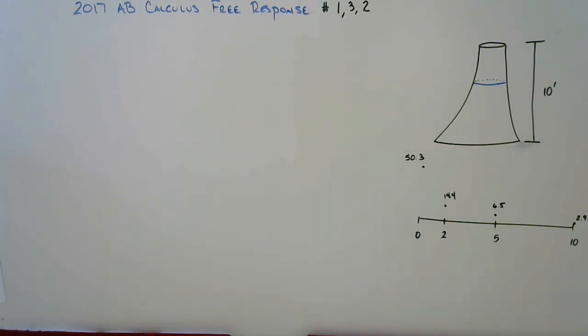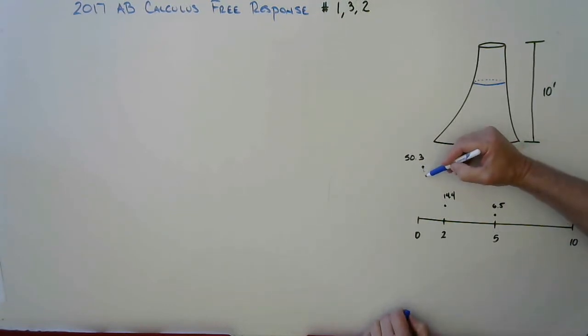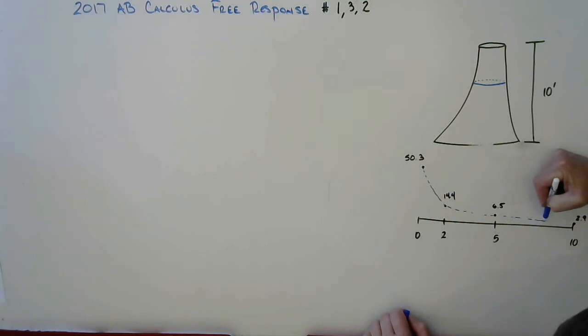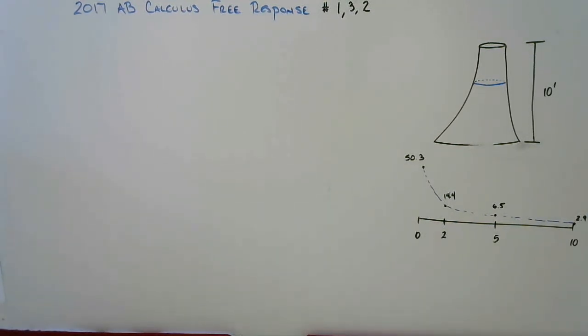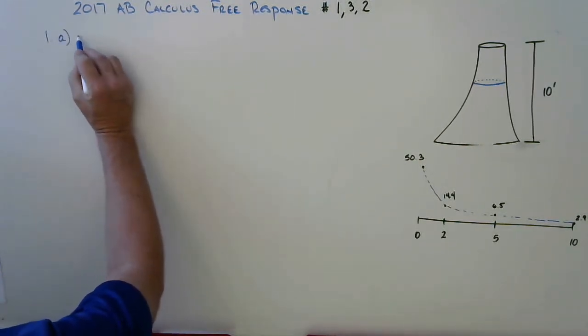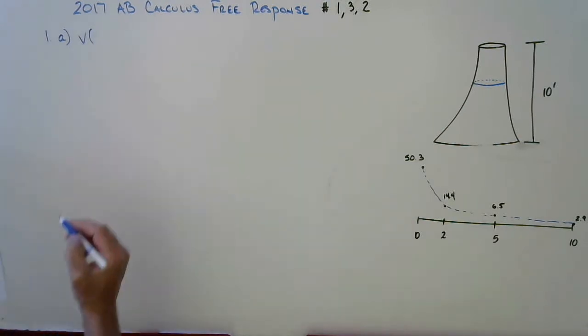All right? Now they told us our function A is continuous and decreasing. And if we take a look at our function A, and we just sketch it in here, we can make it continuous and decreasing, okay? Now it says use left-hand Riemann sums with 3 subintervals to find the volume of the tank. So this is number 1, part A. They want us to find the volume of the tank, right?